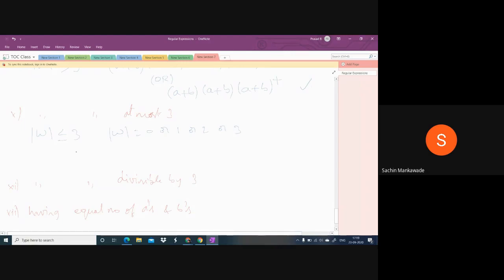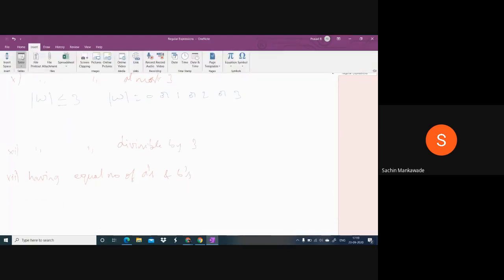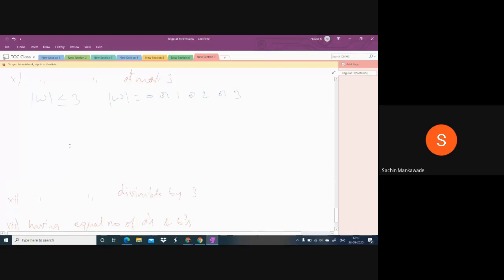The string of length 0 is epsilon. Plus this is length 1, plus length 2, plus length 3. This is the expression. So length 0, epsilon.